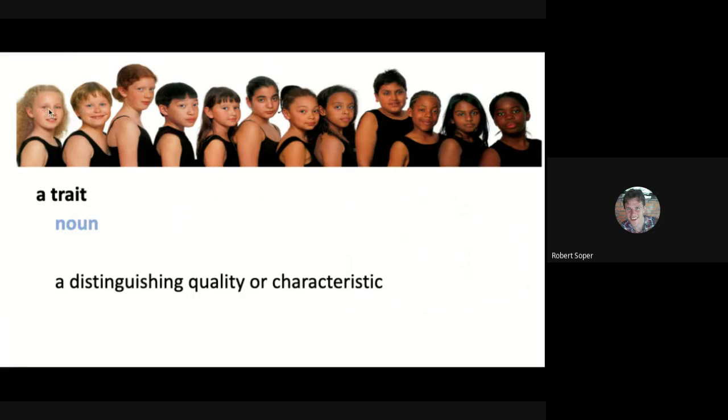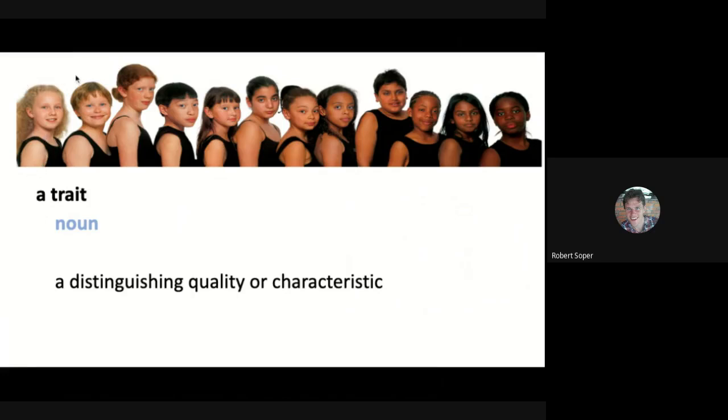Another common trait is eye color. Some people have blue eyes, some people have brown eyes, as one girl over here has, and some people have green eyes, even. You'd have to look very closely to see the green eyes, but I think this girl could be a candidate. One other trait might be skin color.